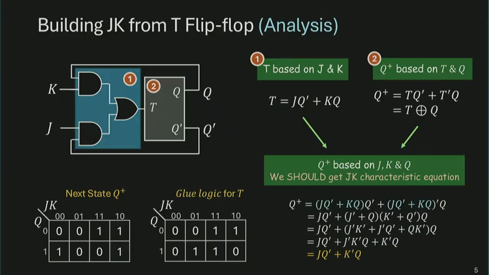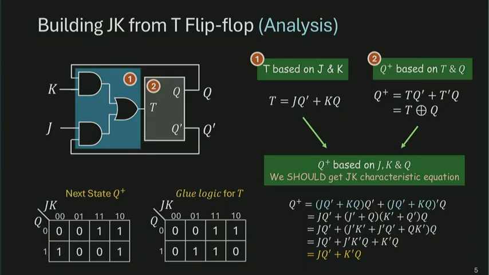Stage number 2 is based on the flip-flop inputs and also the current state. It will internally update it based on its characteristic table. So for a combinational circuit, typically, we just evaluate the input-output relationship. For a sequential circuit, we have to do 2 stages of evaluation. First, through the combinational logic, and then through the internal behavior of the flip-flop.